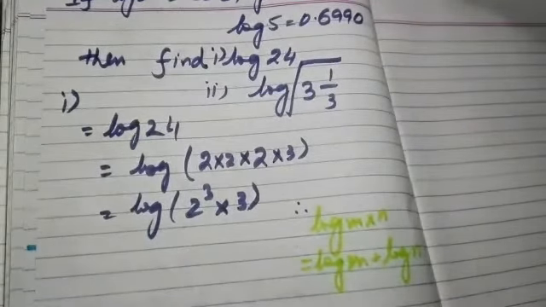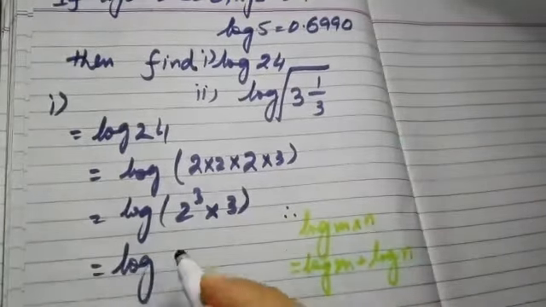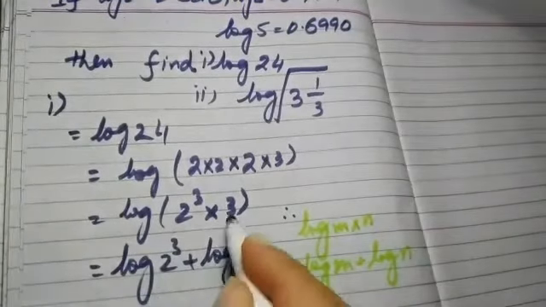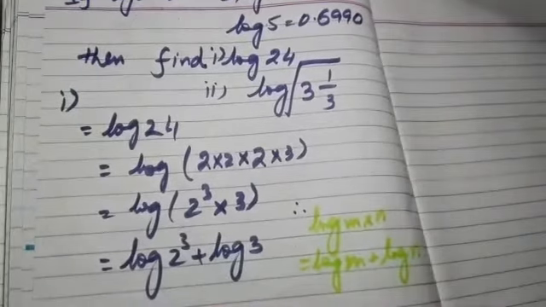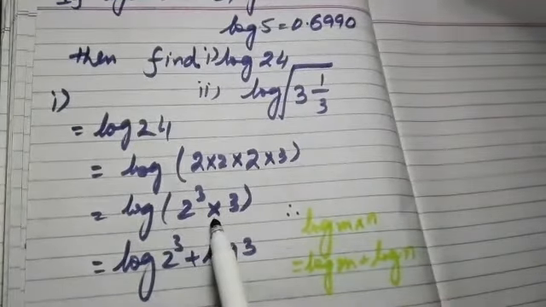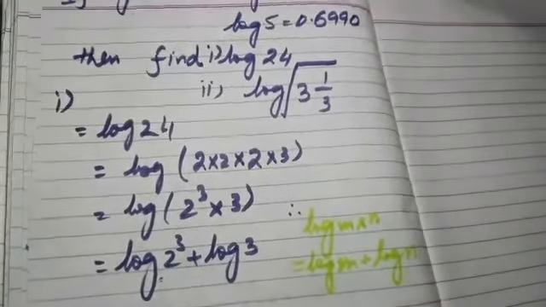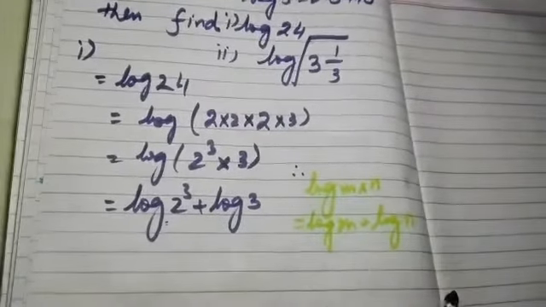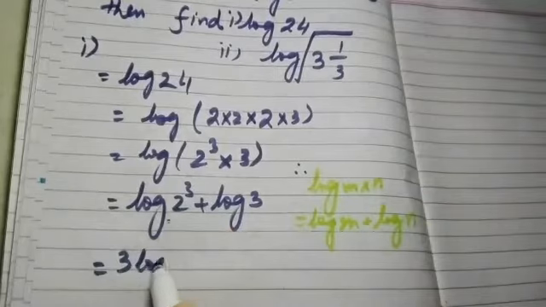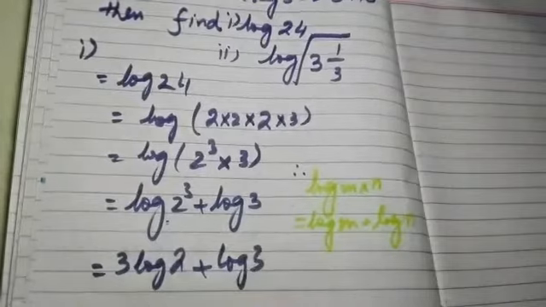Because of that law, I would convert this log as log 2 raised to power 3 plus log 3. So I have applied the first law of logarithm and converted this product of numbers as the sum of two individual logarithms. And I will use another law.